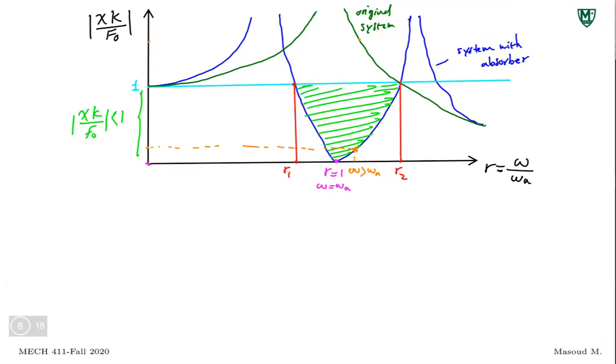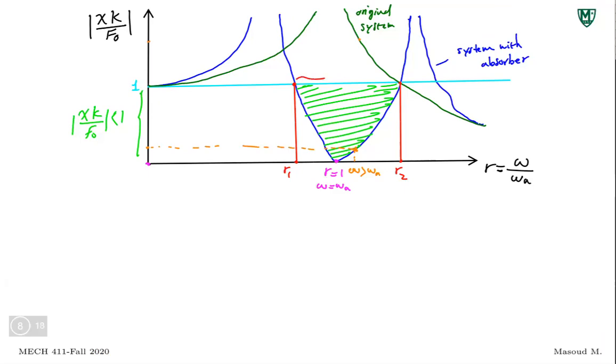As long as I'm between these two frequency ranges, from R1 to R2, my absorber is actually reducing the vibration. If I go out of this range, my absorber is actually making the situation worse, amplifying the vibration. You can see xk over F naught is greater than 1. So adding that spring mass system to the system makes things worse if I'm out of this range.